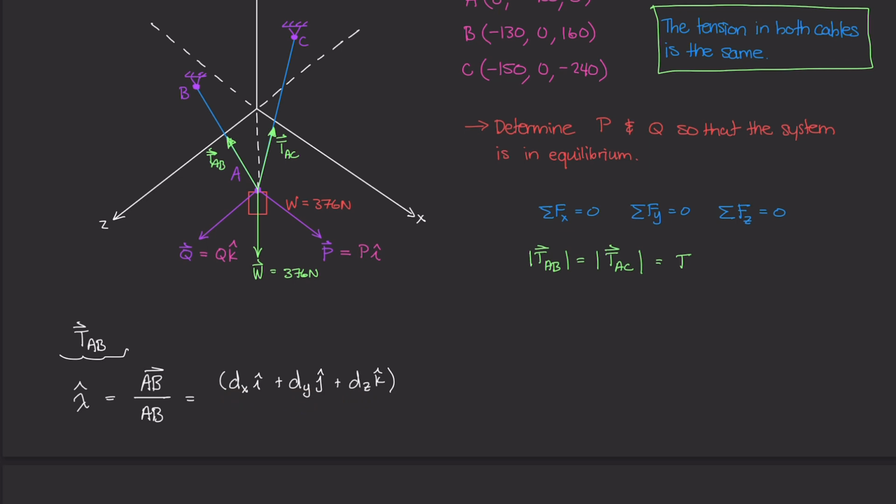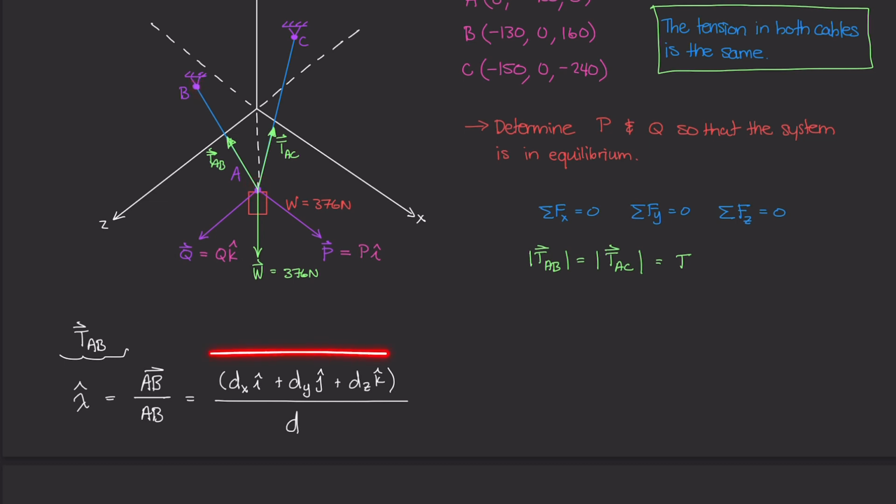So because the vector goes this way, we know that our starting point is A and our ending point is B. So in order to find, for example, dx, we need to take the x-coordinate of the ending point minus the x-coordinate of the starting point. Now, all of this is going to be over d, which is the length of that vector AB. So again, it's just the absolute distance from point A to point B.